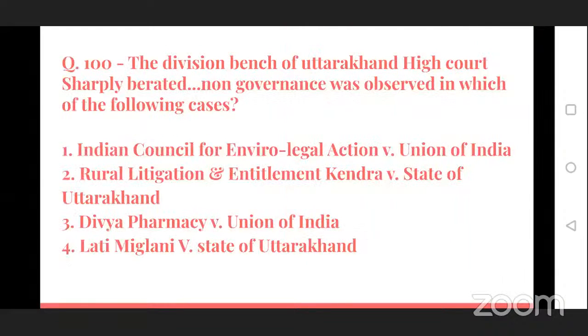Now, this is the last question. The division bench of Uttarakhand High Court sharply berated non-governance was observed in which of the following cases? Indian Council for Enviro-Legal Action versus Union of India, Rural Litigation versus State of Uttarakhand, Divya Pharmacy versus Union of India, and lastly, Mohd. Salim versus Union of India, State of Uttarakhand.